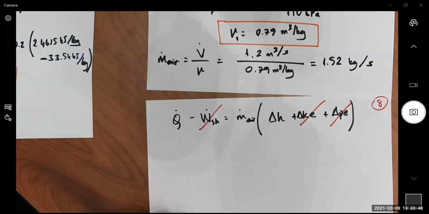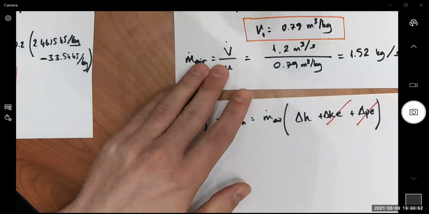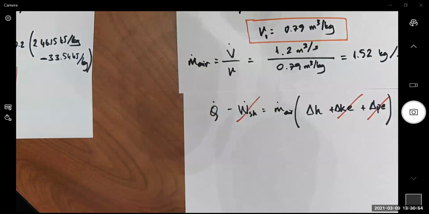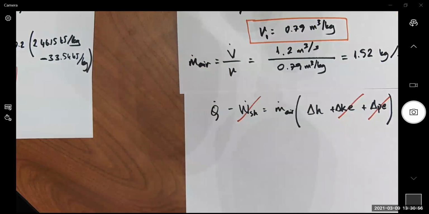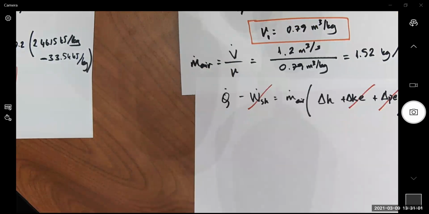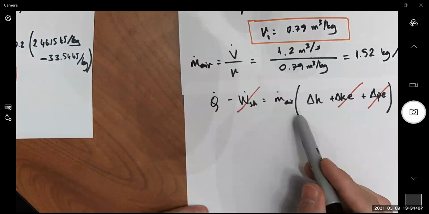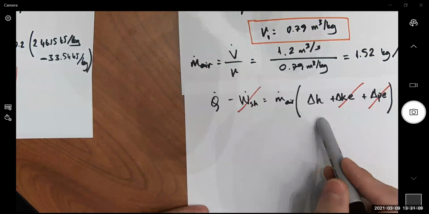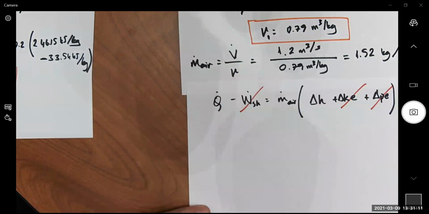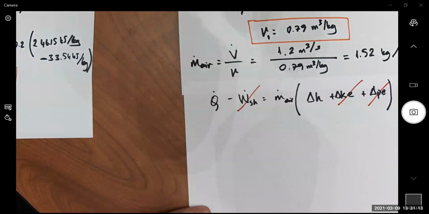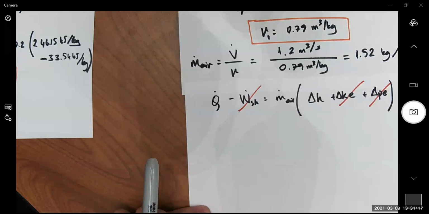So what is it? Just tell me. How would you find enthalpy here? Anyone?